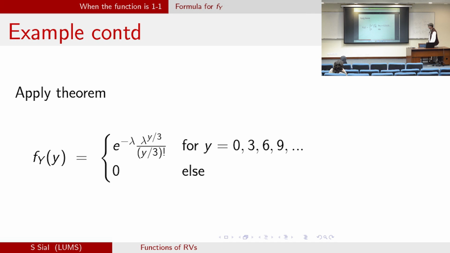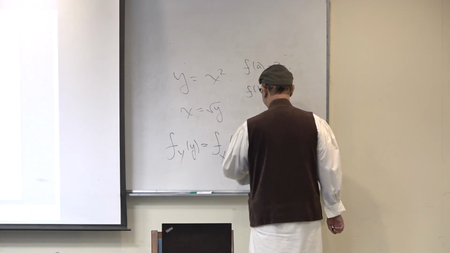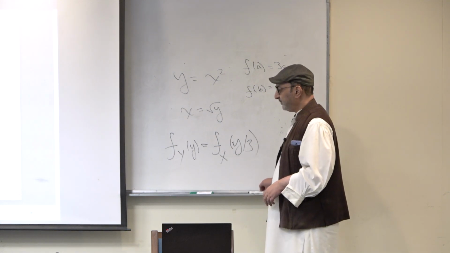All right. So f sub y of y, the PMF for y evaluated at y, is equal to the PMF for x evaluated at the inverse transformation. This time, the inverse transformation is y over 3.